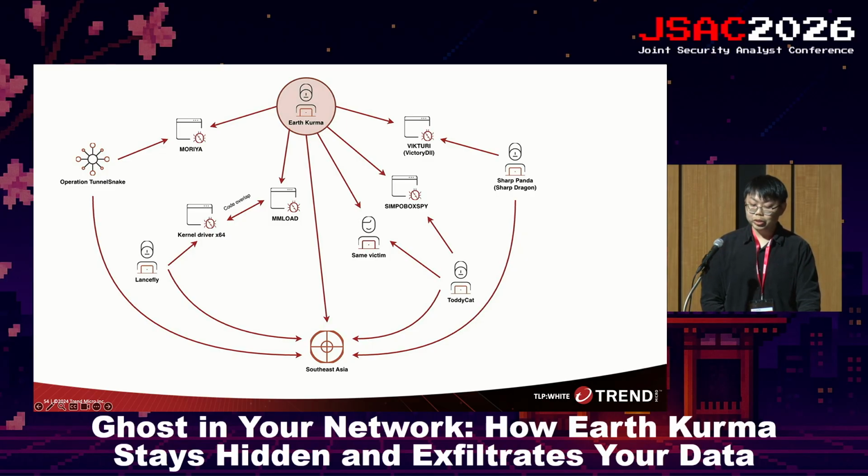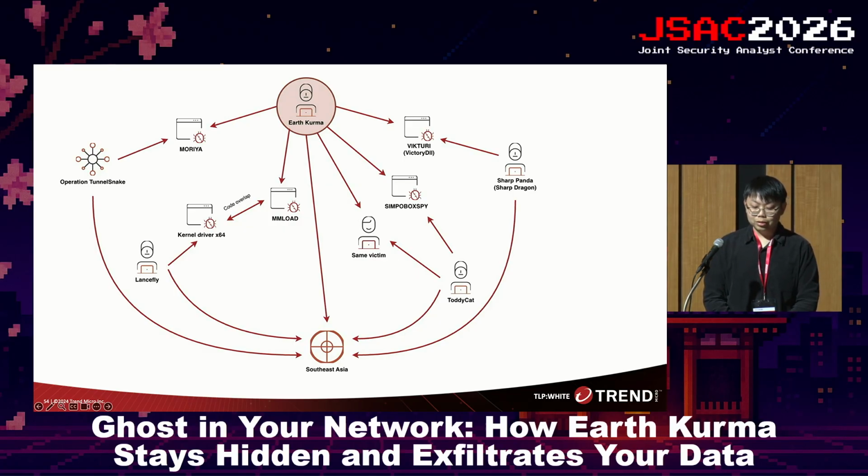They can even be linked to Toddycat because of Simple Box Spy and the same victim. In one of the cases, we noticed that Kurma and Toddycat appear around similar periods. However, we didn't see any strong overlaps or connections like process execution between the two groups.